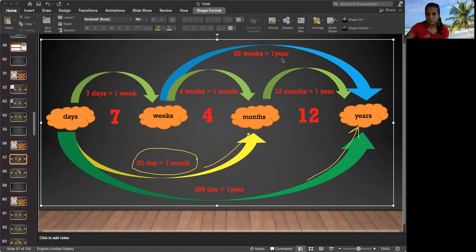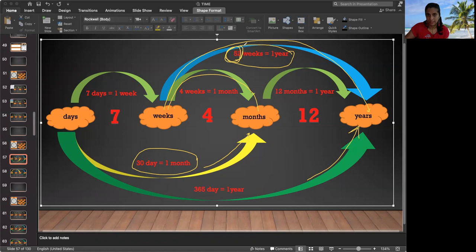Most of you may not be very familiar with the fact that weeks can be converted not just to months, but weeks can also be converted to years. How many weeks are there in a year? There are 52 weeks. You may not be familiar with this number, but it's time to get used to it.